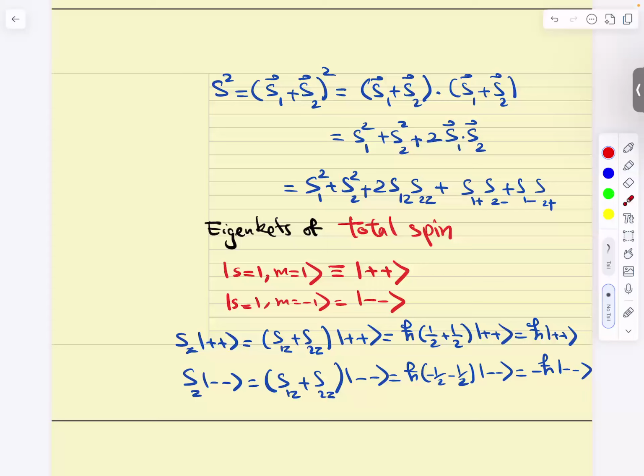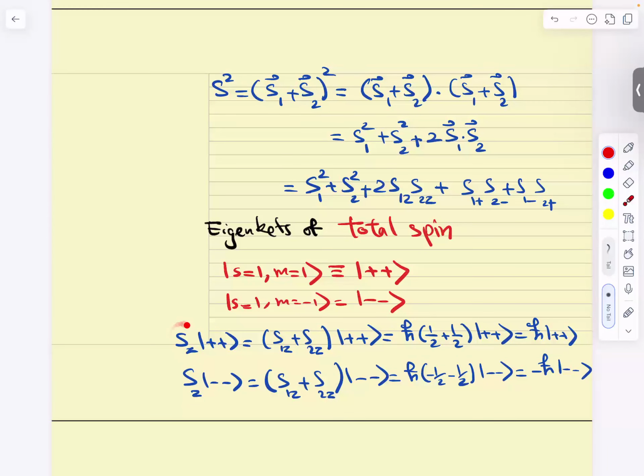So the notation might be a little bit confusing, but it's good to get used to it in this simple setup as we go to more complex examples. The notation is very helpful. These kets, up up and down down, are actually eigenkets of the total z component of the spin as well. So why is that?